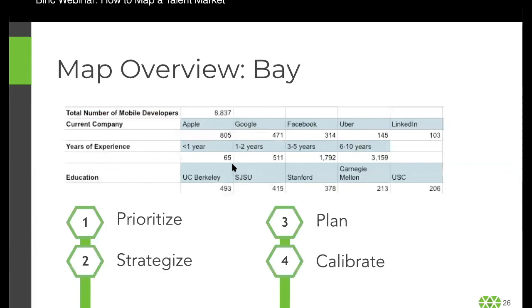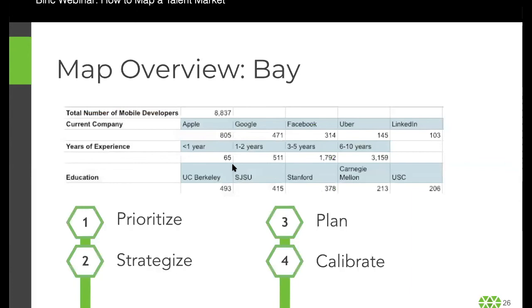And so we see some of the numbers of employment at some of the major companies. And an interesting finding is around the number of people that fall into this segment at various levels of experience. In this case, we're given the breadth of target candidates all the way from junior to principal.